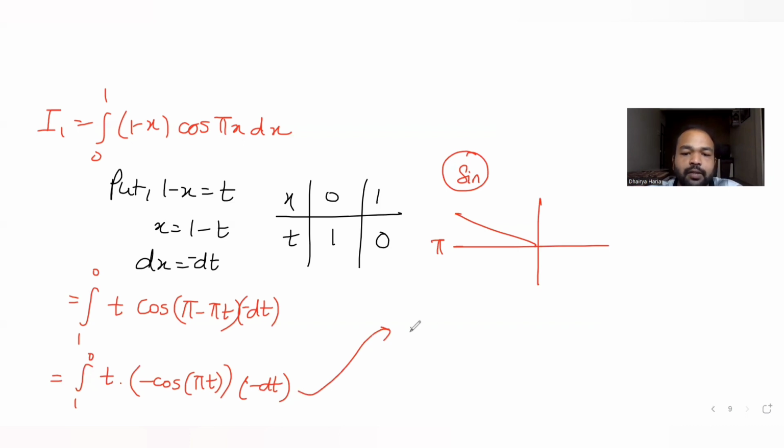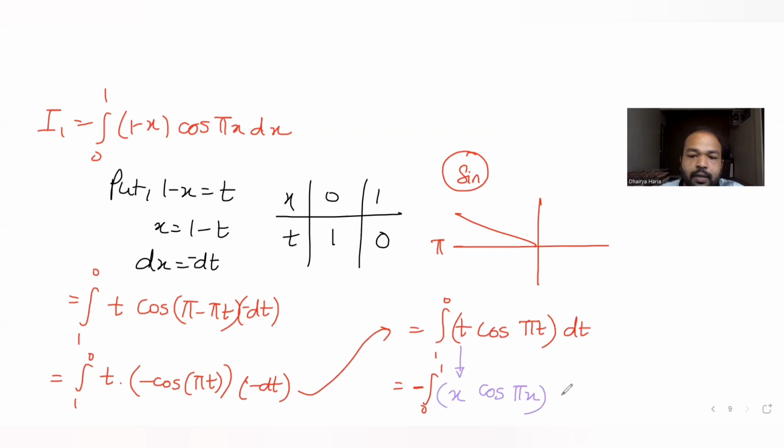So you get the limits from 1 to 0, t cos pi t dt. If I change my limits from 0 to 1 instead of 1 to 0, it becomes minus. And with the laws of integration, I can change the variable t to x. So that makes it minus the integral of x cos pi x dx. That is the whole idea.